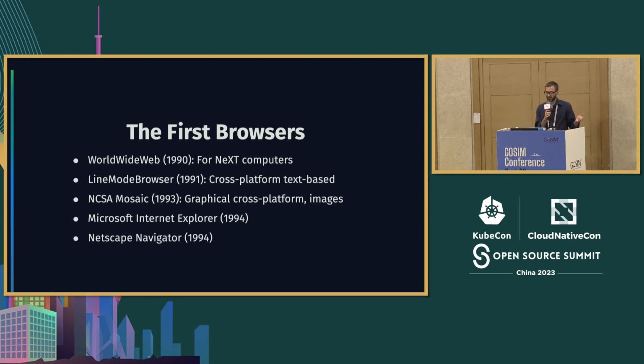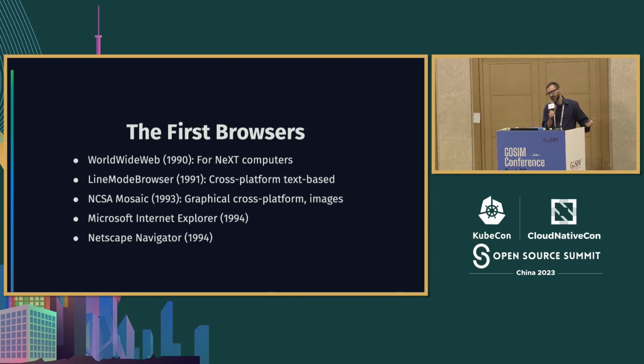But it didn't stay that way for long, because shortly after 1994, some people from NCSA started a company called Netscape, and they created the Netscape Navigator browser. And at the same time, this Mosaic browser was licensed to a company called Spyglass, which in turn licensed the technology to Microsoft to create Internet Explorer in the same year.